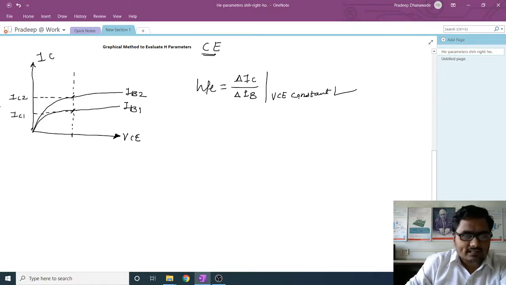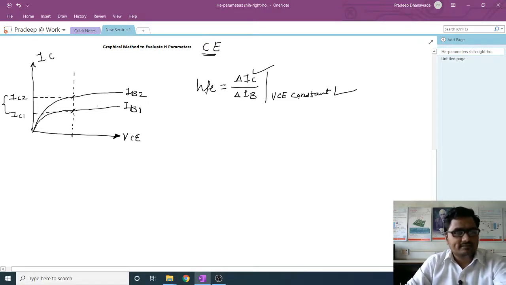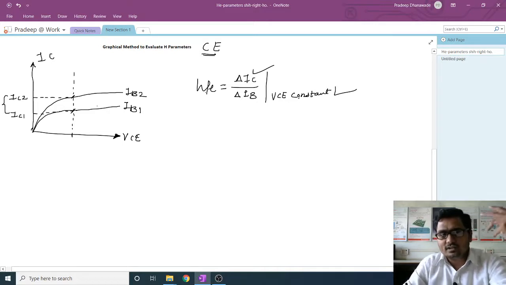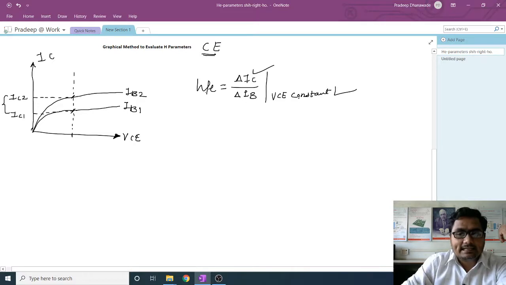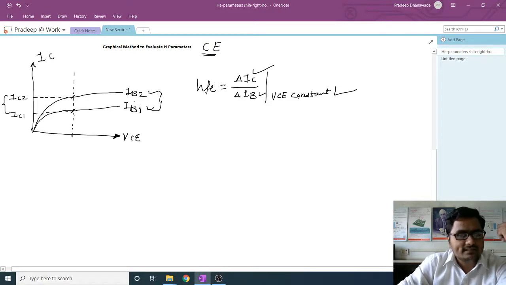So can I say this is the change in IC? Maybe IC2 is 7 milliamperes and IC1 is 5 milliamperes. So 7 milliamperes minus 5 milliamperes is 2 milliamperes. So delta IC will be 2 milliamperes. We just need to find the difference, that is change. And what about change in IB? Obviously, the difference between IB2 and IB1 is the change in IB.